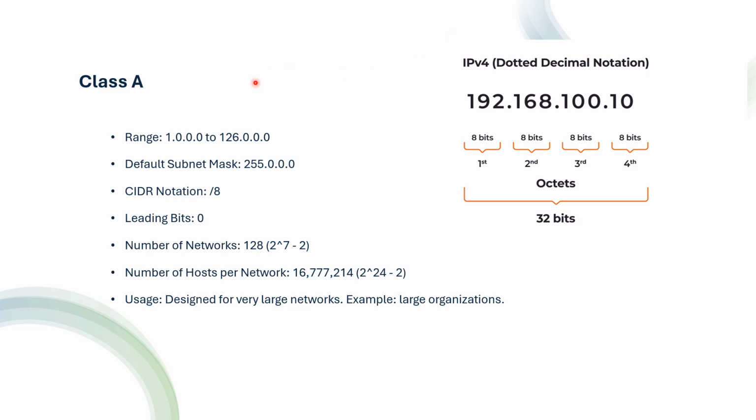The range of class A is 1.0.0.0 to 126.0.0.0.